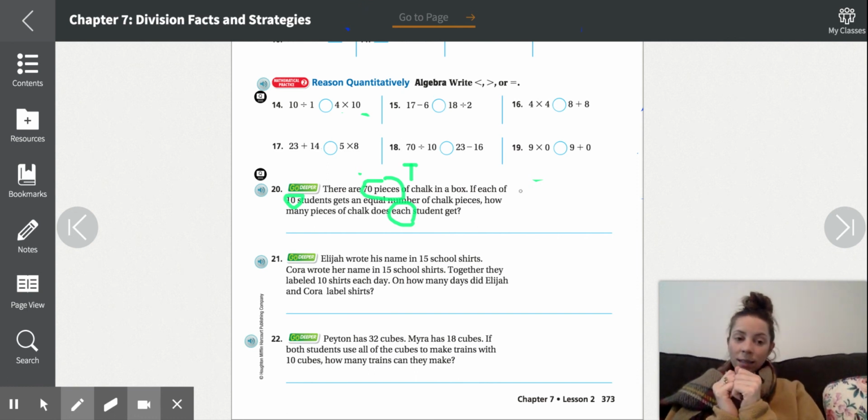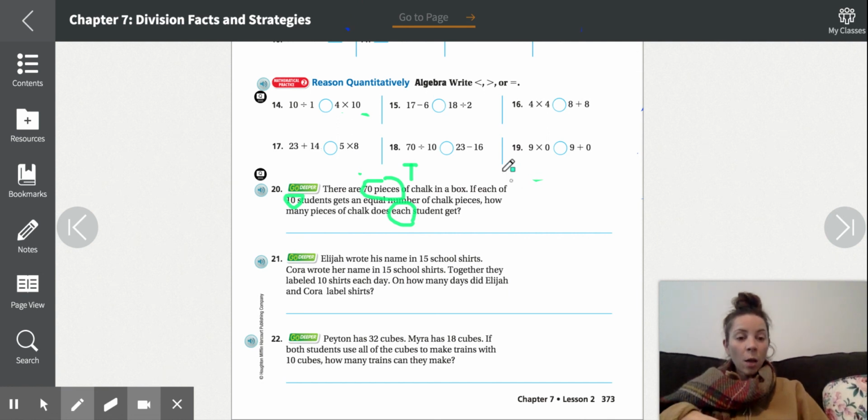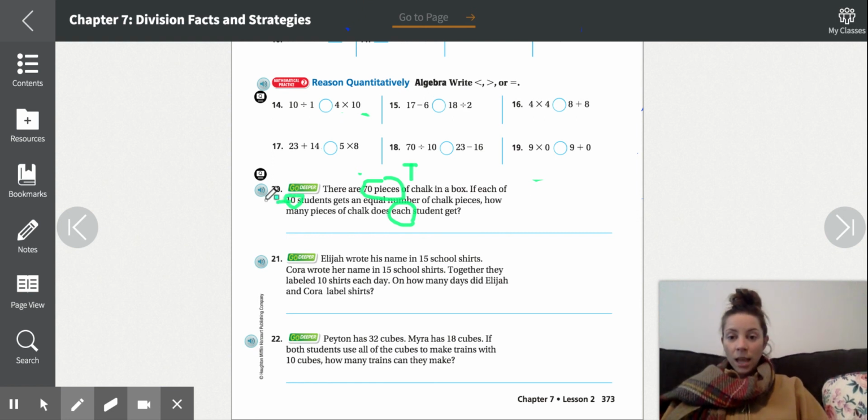So 10 is not how many I'm giving to each one, but it's actually how many students I have. So how many groups of chalk that I have. So this 10 is actually the groups, and the question's asking me how many does each one get. So that's my question.